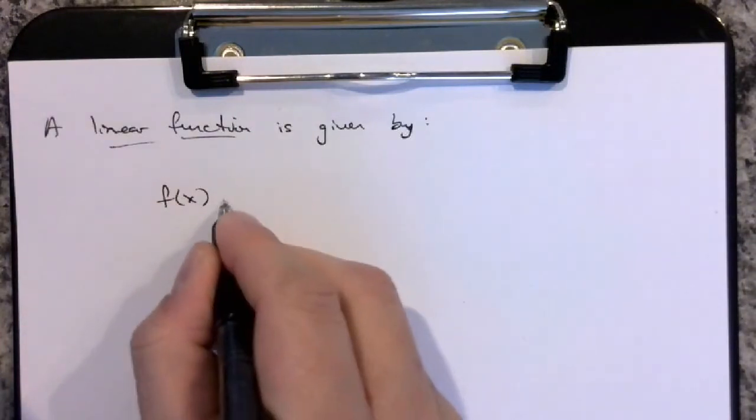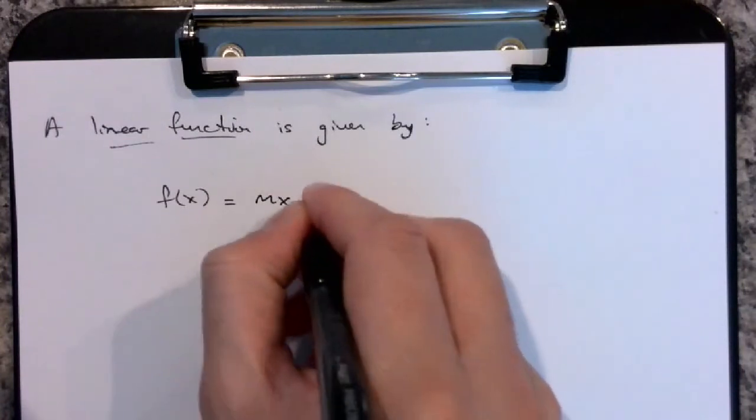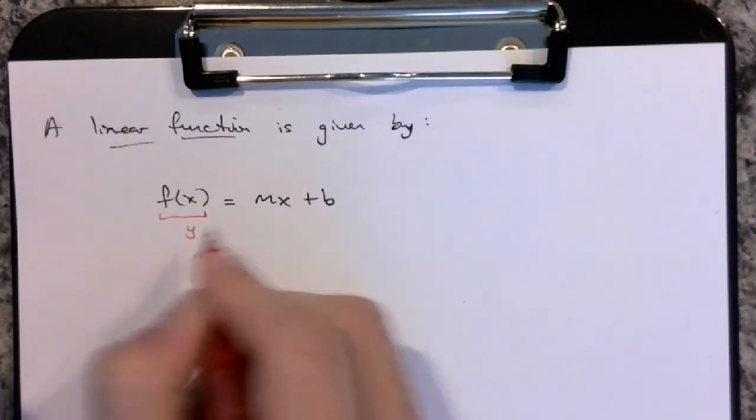Remember, f of x is the same as saying y. f of x equals mx plus b, where, remember I said f of x, you could say is y equals mx plus b.